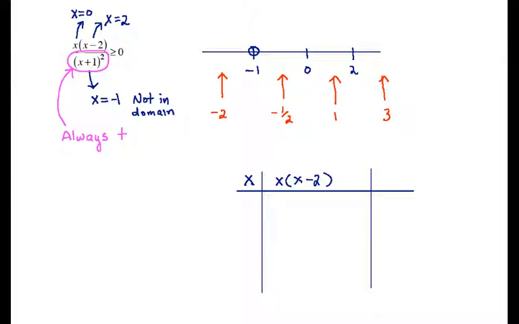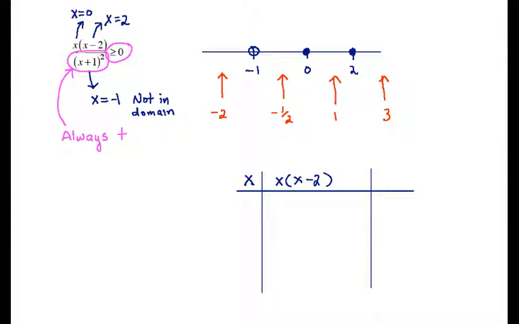The zeros of the numerator, those are the ones where I have to look at the type of inequality. We have an inclusive inequality, which means that the zeros are part of the solution set, and that's why I'm going to go ahead and put solid dots at 0 and 2. This way I won't have to think about that part later when it comes time to make the bracket types.